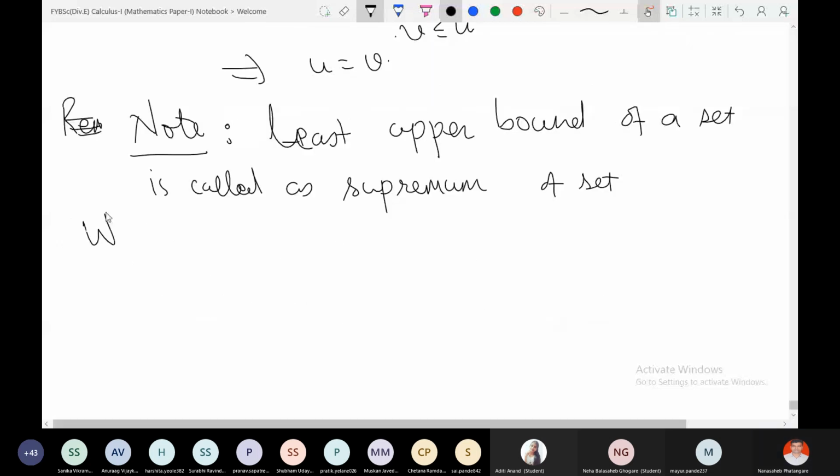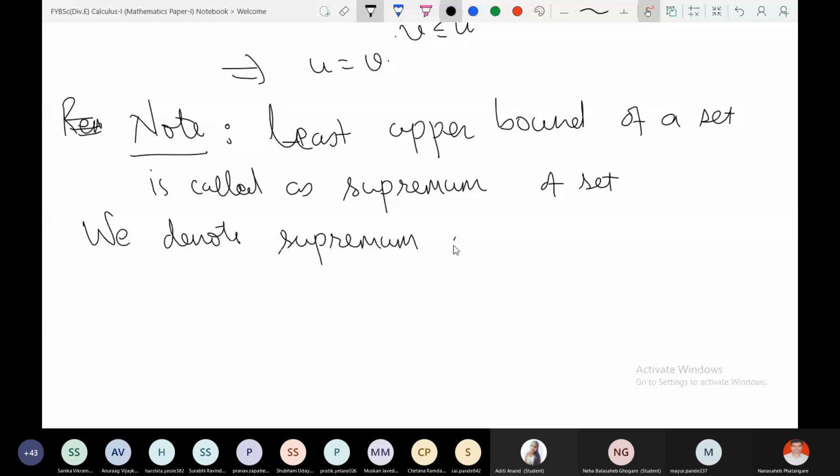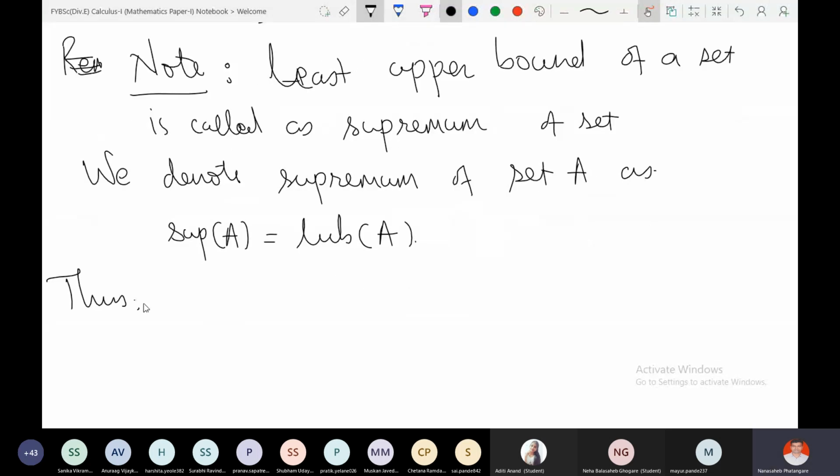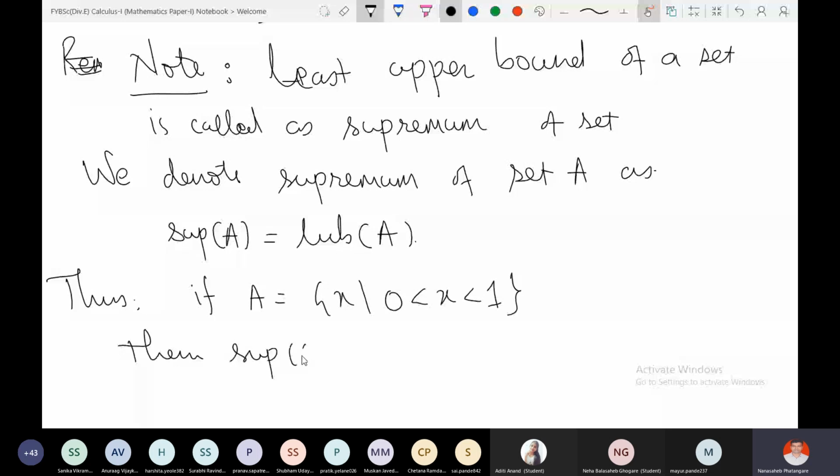So we denote the supremum of set A as sup A or LUB of A. Therefore, if my set A is equal to the elements between 0 and 1, then from the previous discussion, what is the supremum of A?